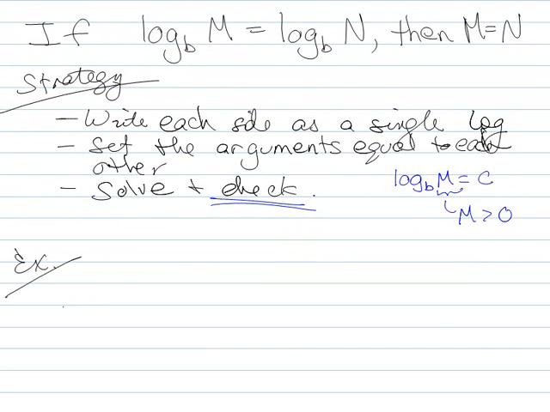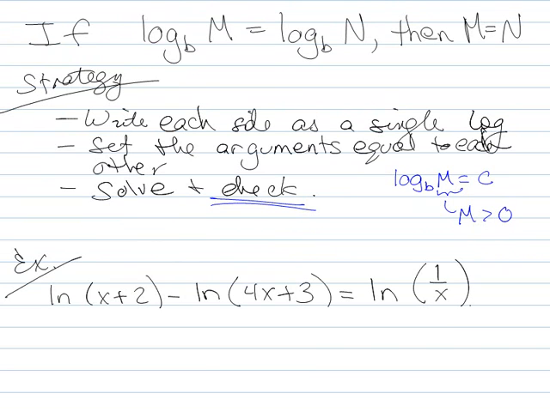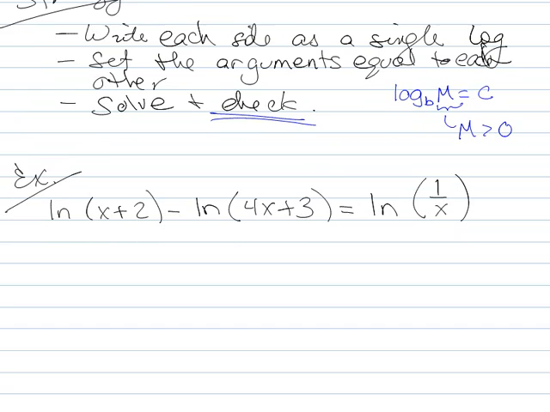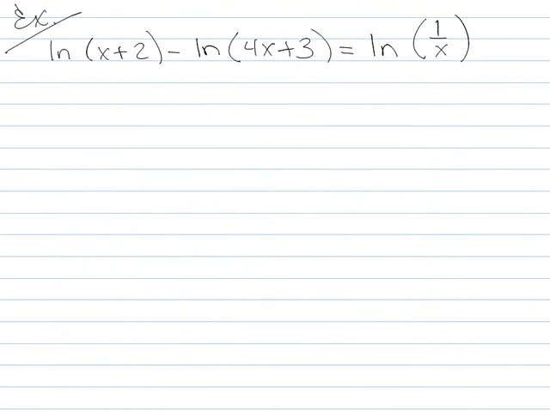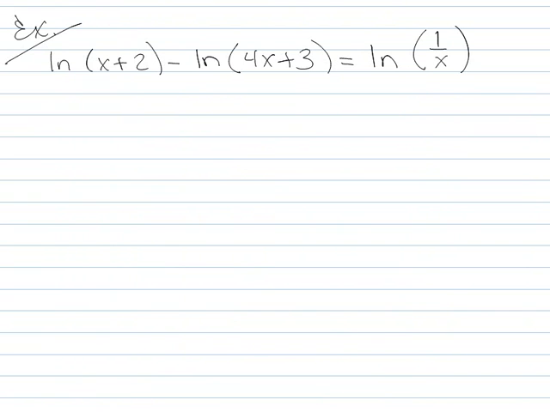So say we had something like this. Say we had natural log of x plus 2 minus natural log of 4x plus 3 equals natural log of 1 over x. Like that. Now the worst part about these problems is probably going to be actually solving the equation that you get later.